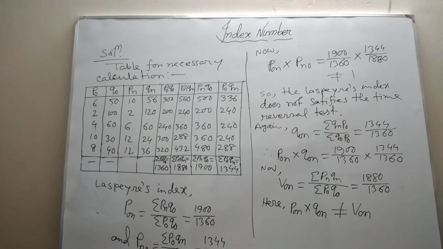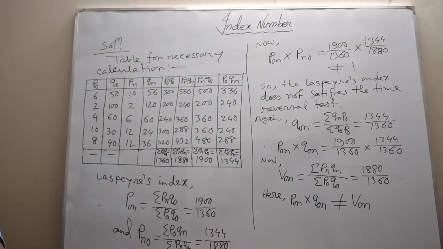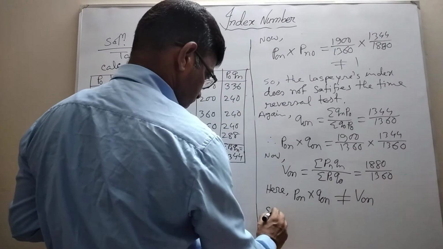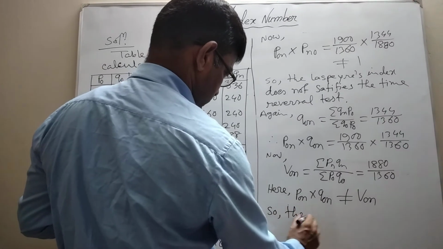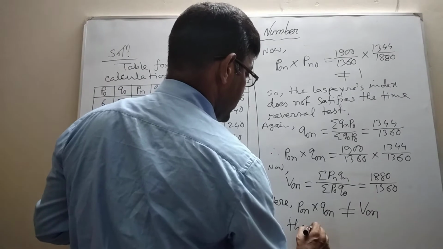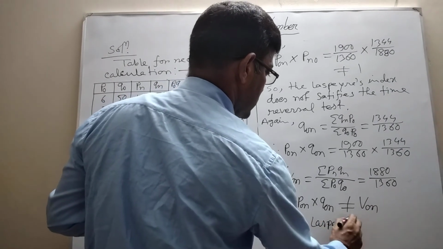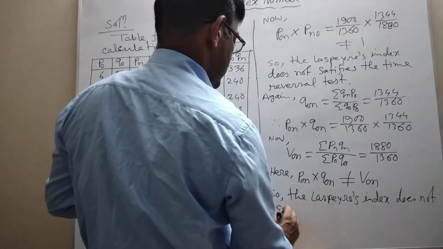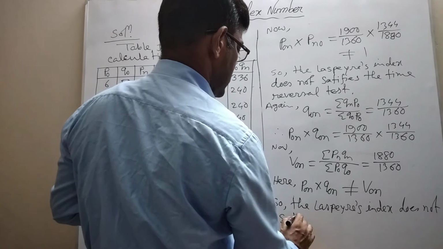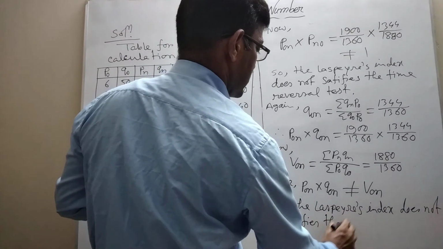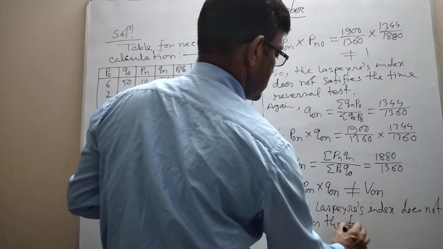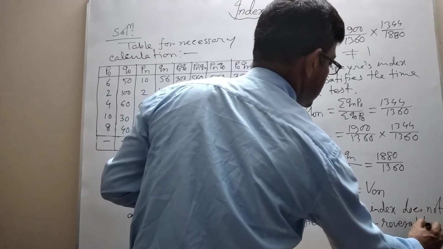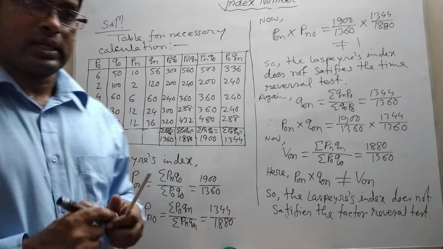So we can write the Laspeyres index does not satisfy the factor reversal test, that means FRT. Have you understood, students?